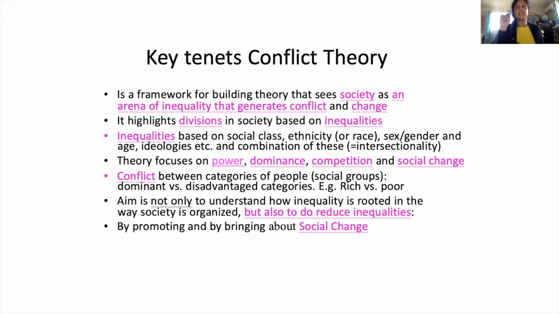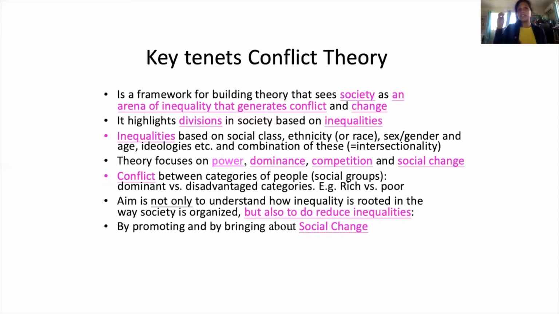Conflict theory doesn't only want to understand society, how it works, how its structures work, but it also wants to change society. So it has a political agenda. Conflict between categories of people brings social change.